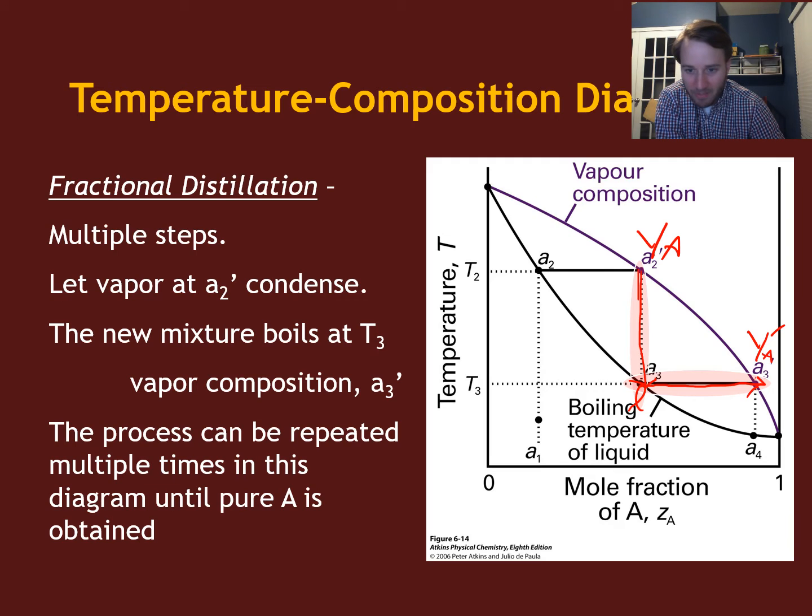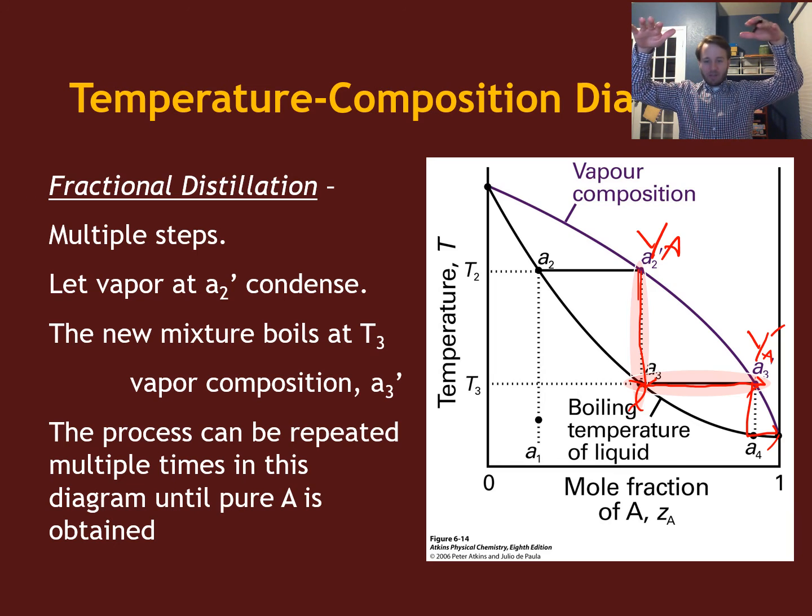And then I can repeat this process: condense it and boil it off, and condense it and boil it off. How you do this is you start boiling your liquid. You have some layer above it where you condense the vapor to a new liquid, and you start boiling off that liquid.